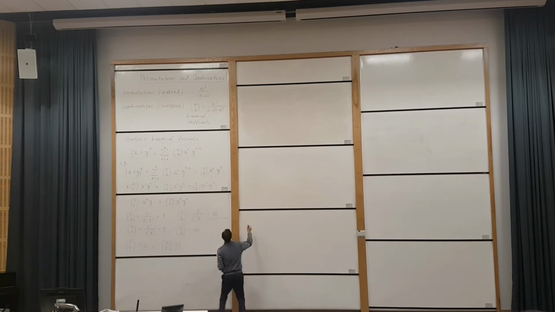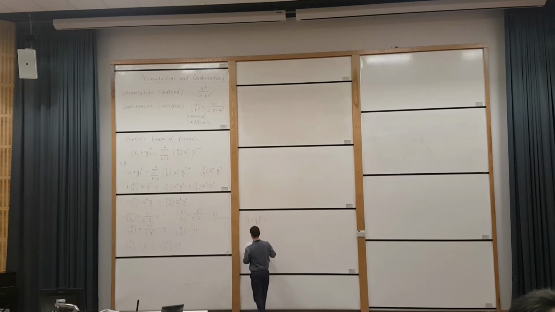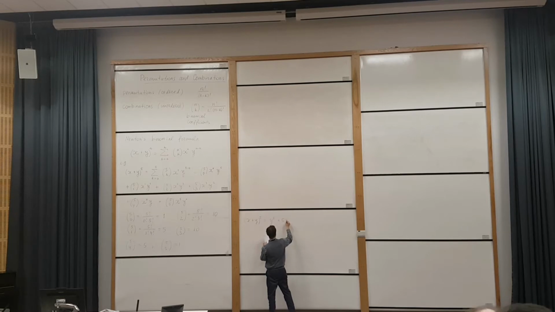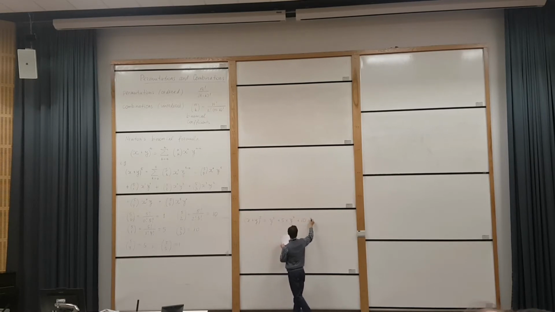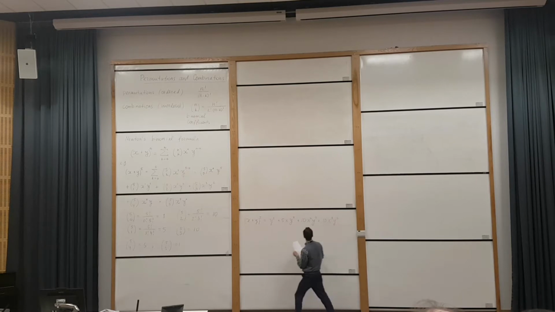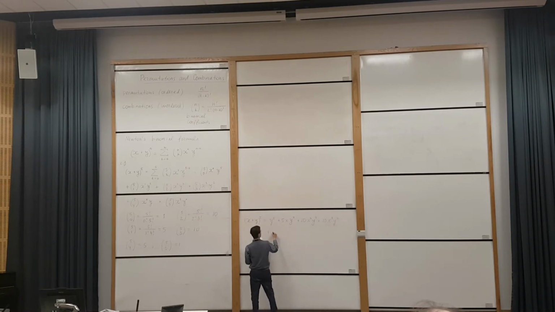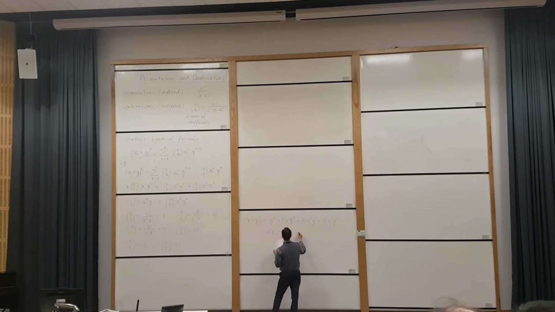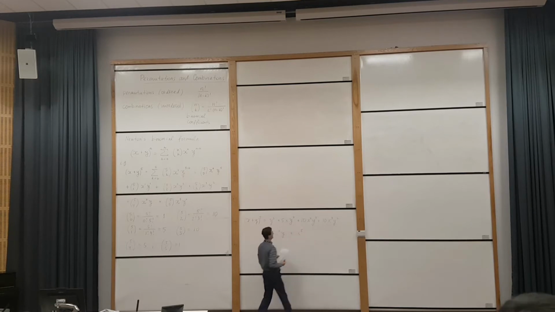So this gives us x plus y to the 5th power is y to the 5th plus 5x y to the 4th plus 10x squared y cubed plus 10x cubed y squared plus 5x to the 4th y plus x to the 5th.